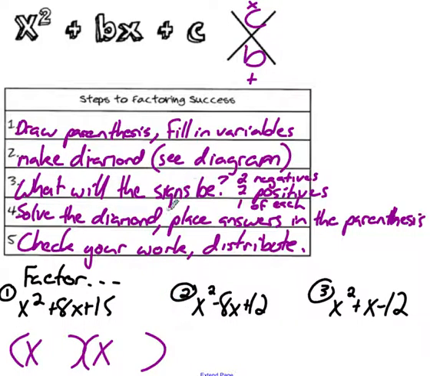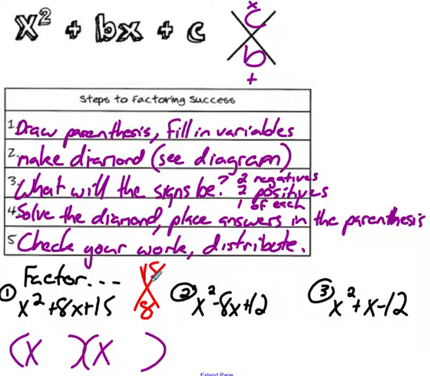We'll then make a diamond, and in this case, our constant is 15. So we're going to put a 15 on top and an 8 on the bottom. So we're looking for numbers that multiply to 15 and add to 8.